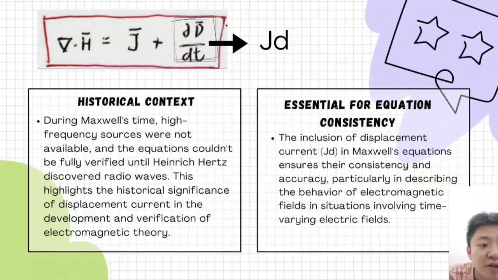Also, the inclusion of displacement current in Maxwell's equation is essential in ensuring their consistency and accuracy, particularly in describing the behavior of electromagnetic fields in situations involving time-varying electric fields.